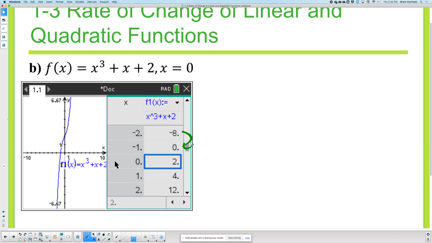Plus 8, good. That's an increase of 8. Thank you, Sion. This is the average rate of change column we're doing. Plus 8, okay. What about from 0 to 2? Plus 8.